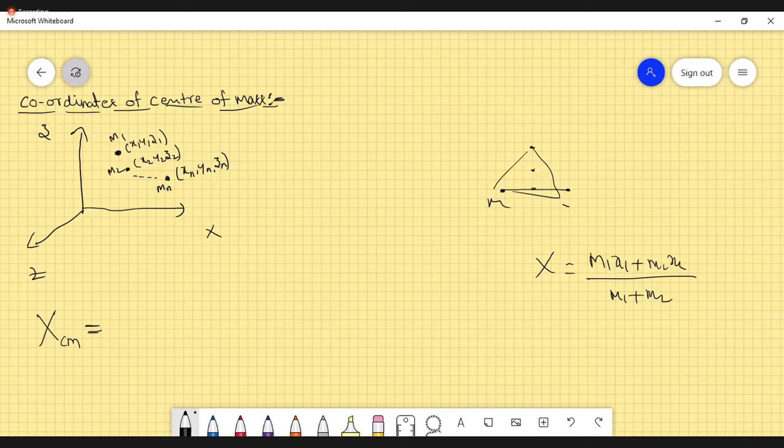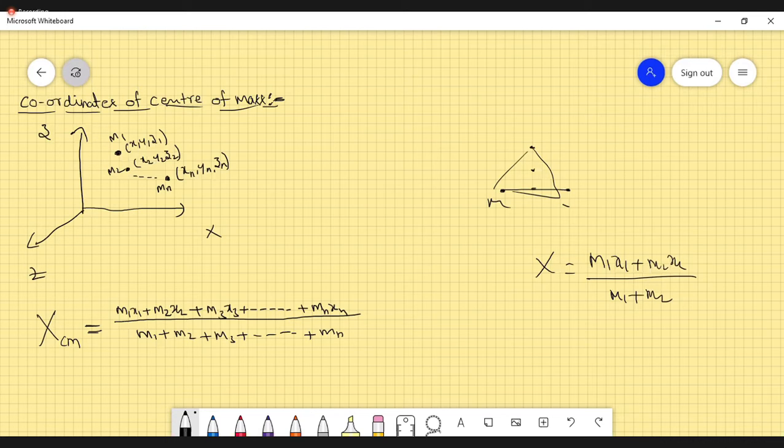In a similar way, for n particles, the x coordinate is (m1 x1 plus m2 x2 plus m3 x3 and so on plus mn xn) divided by (m1 plus m2 plus m3 and so on plus mn).